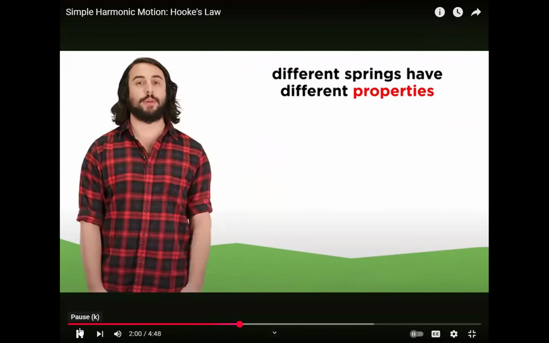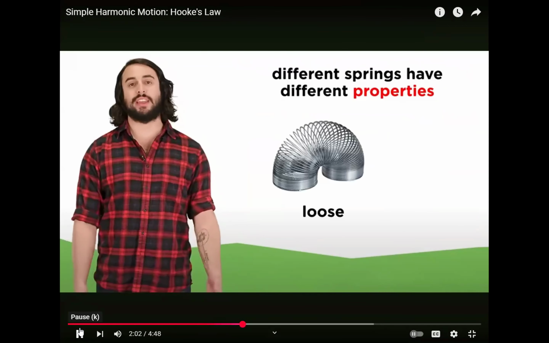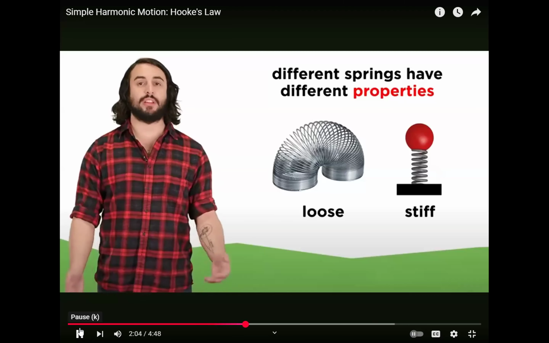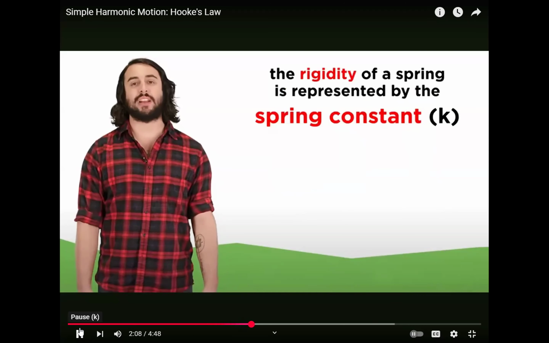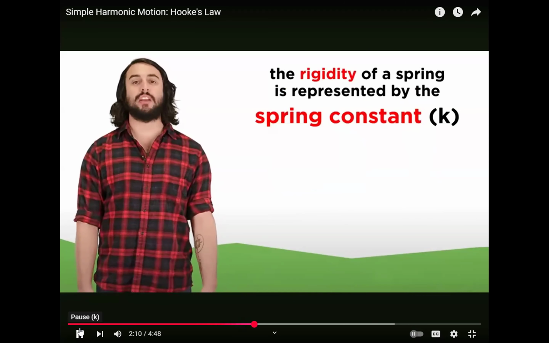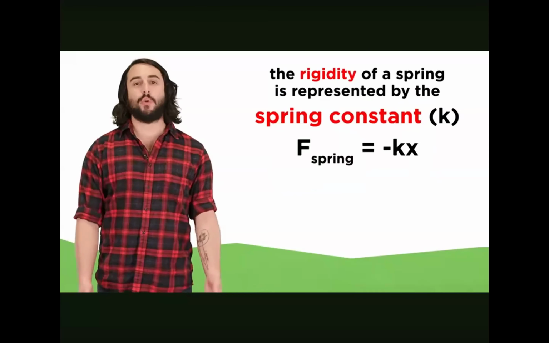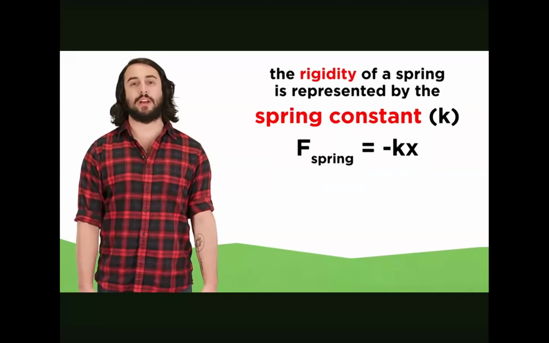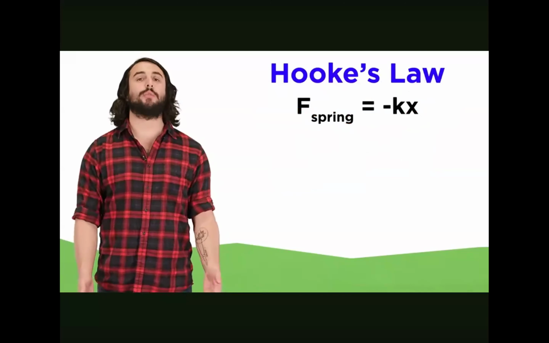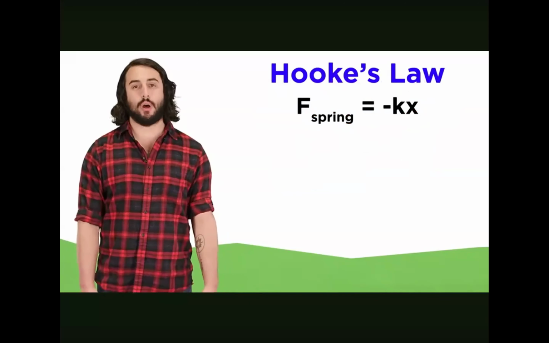Of course, every spring is different. Some are loose, like a slinky, and some are stiff, like the spring that launches a pinball into play. This factor is represented by the spring constant k, which is unique to a particular spring. The force that a spring can exert is equal to negative k times the displacement of the object it acts upon, and this relationship is called Hooke's law.